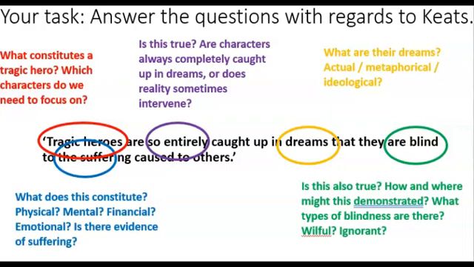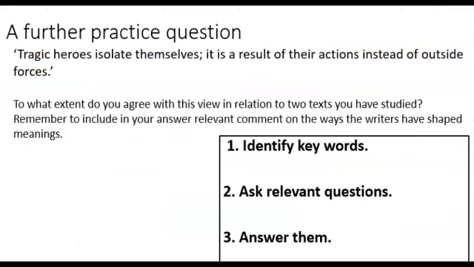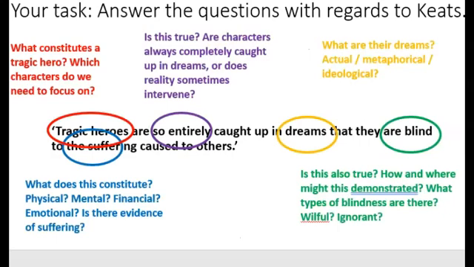So I would have a go at Keats, and the second thing I'm going to suggest that you do is, here is a further practice question for you. Tragic heroes isolate themselves. It is a direct result of their actions. My first suggestion is simply to apply what we've done so far in regards to this question to Keats.